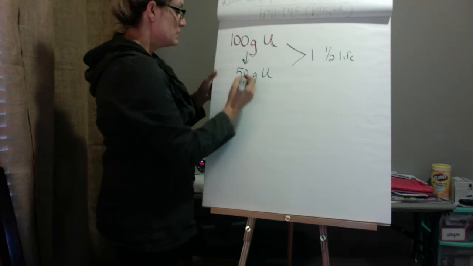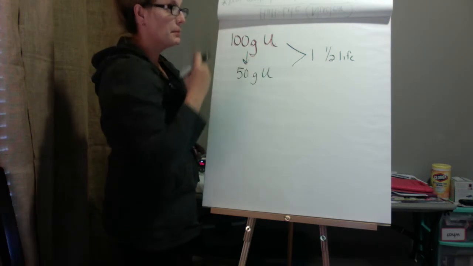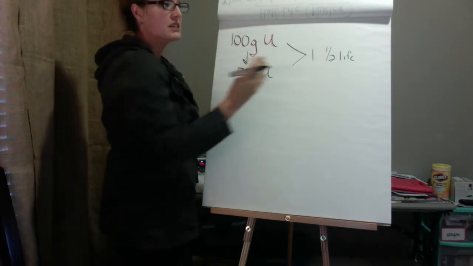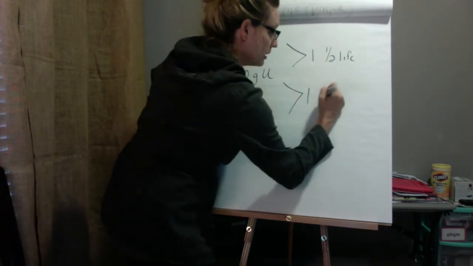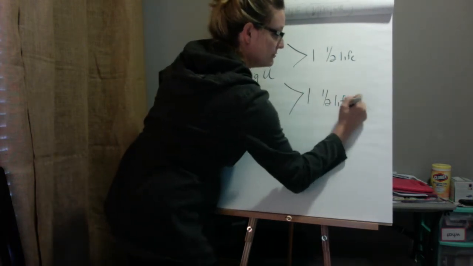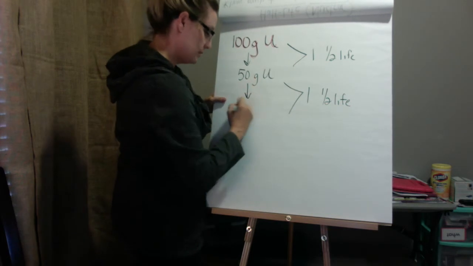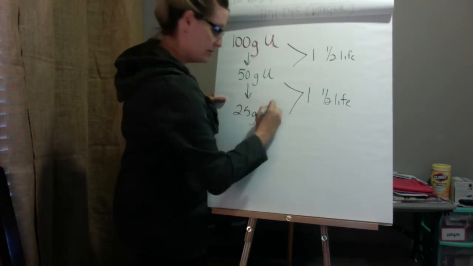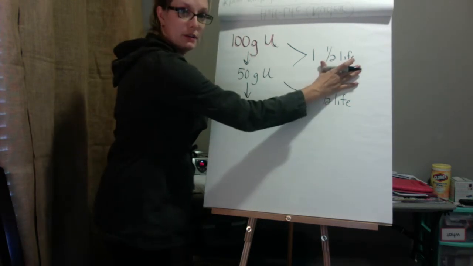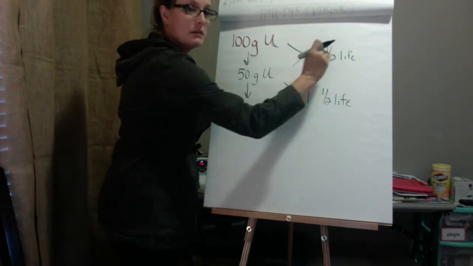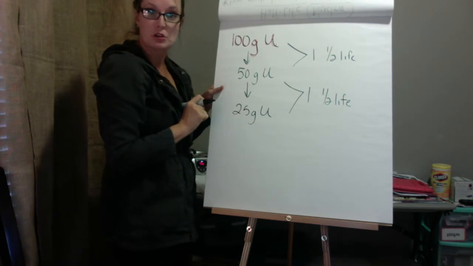Okay? So let's say I want the sample to decay again. If it's going to decay again by half, then after one more half-life, I will be left with 25 grams of uranium. So this is what I'm talking about. A half-life is an amount of time that it takes for half of this sample to go away.